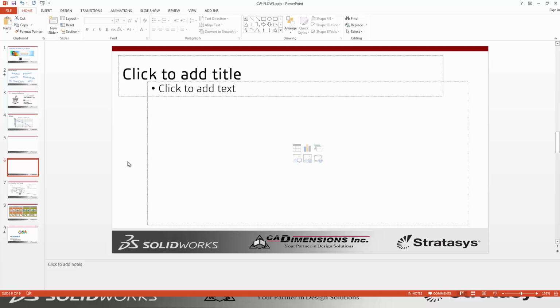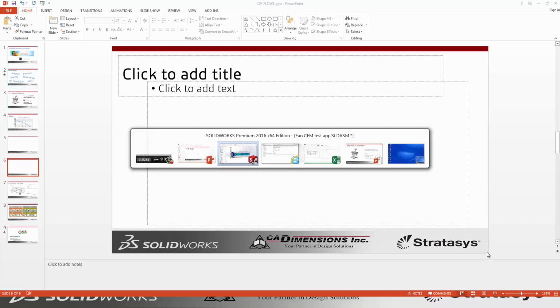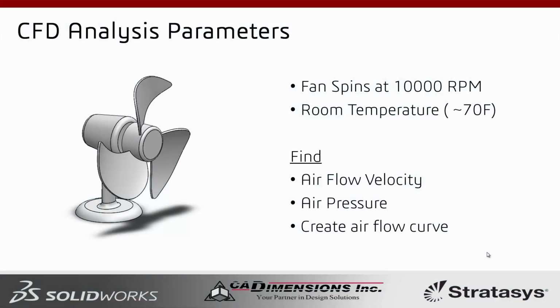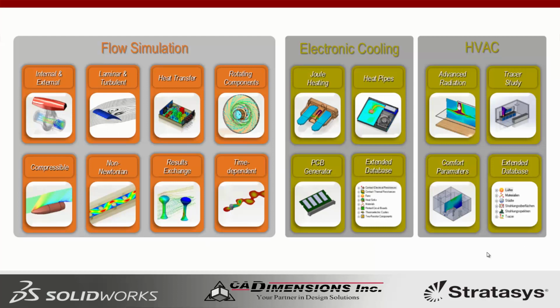So I did mention earlier that I wanted to share with you what else SolidWorks Flow Simulation has to offer. For today's example, we looked at internal and external analysis, and rotating components.